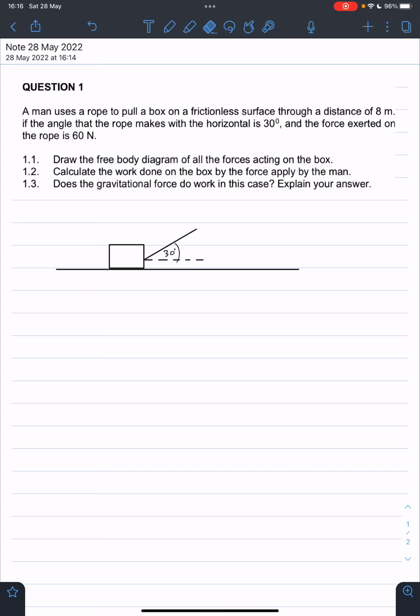The force is 60 newtons. We're not given the mass of the box.